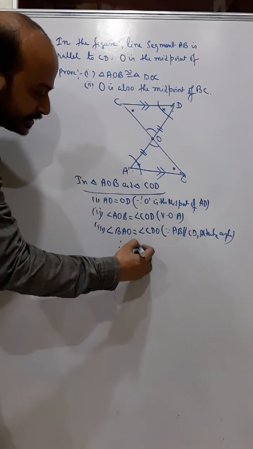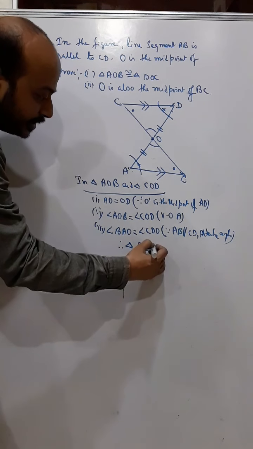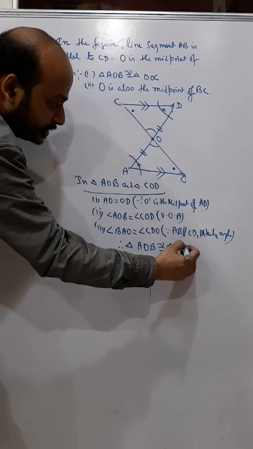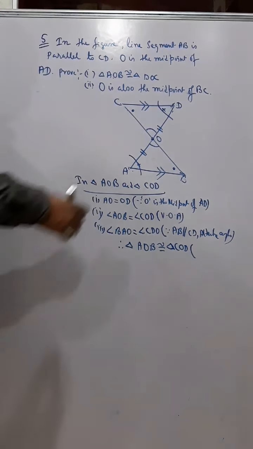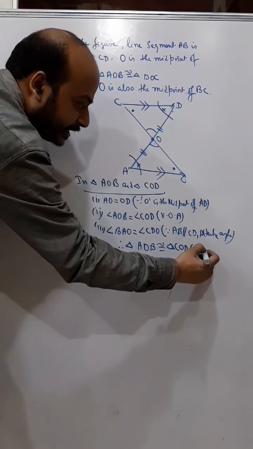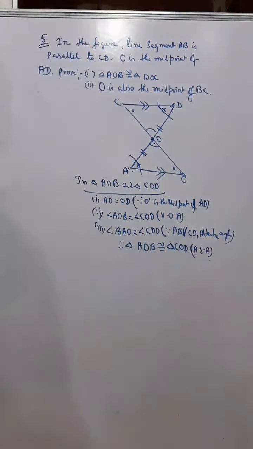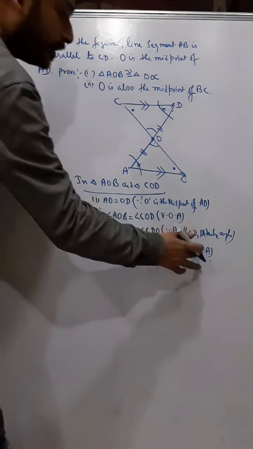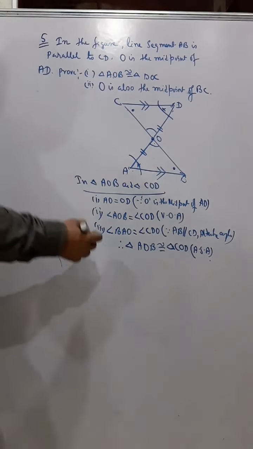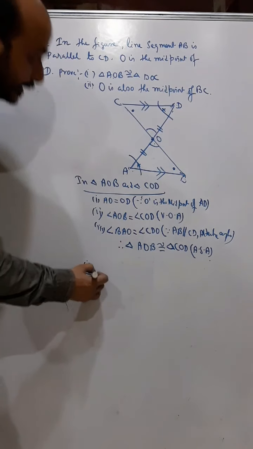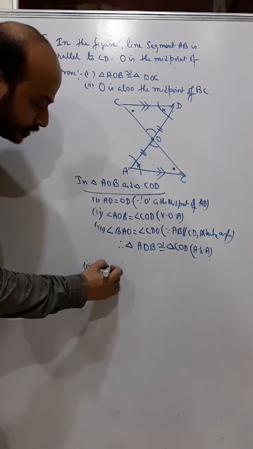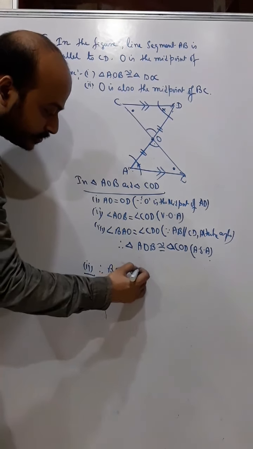So therefore we can say triangle AOB is congruent to triangle COD. And what is the criteria? Angle, angle and side. So we write ASA, that is angle side angle, right? And naturally for number 2, we can also say that therefore BO equals OC.